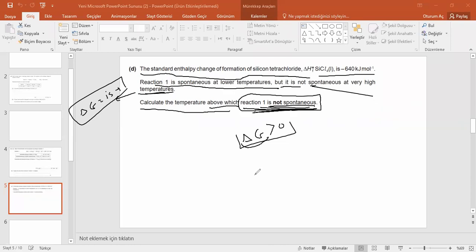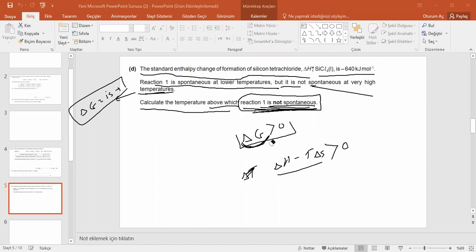Delta G, as we know, is delta H minus T delta S. So delta H minus T delta S must be larger than 0 as well.